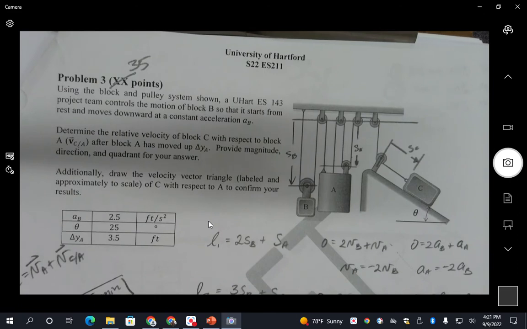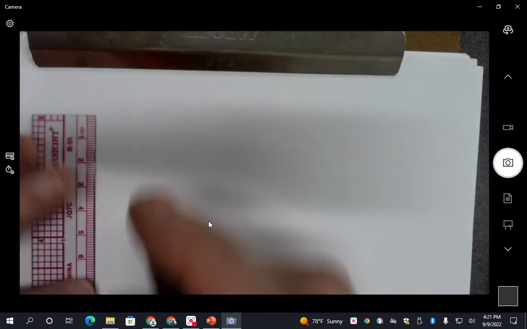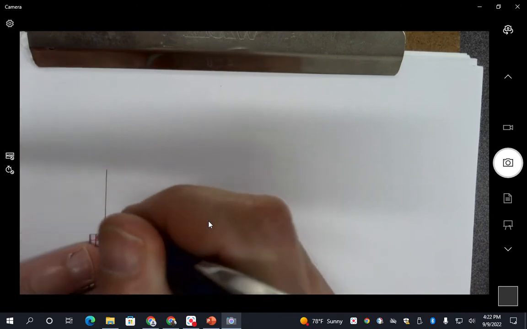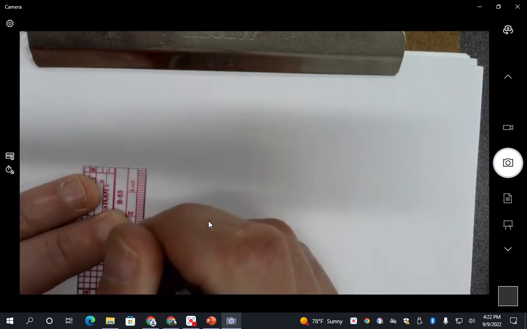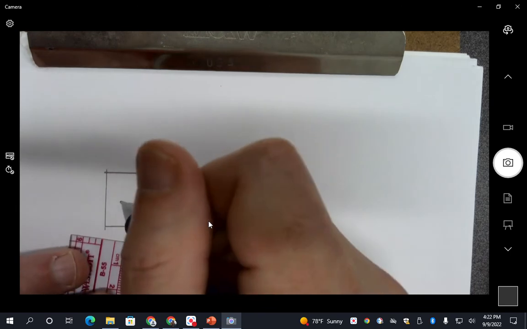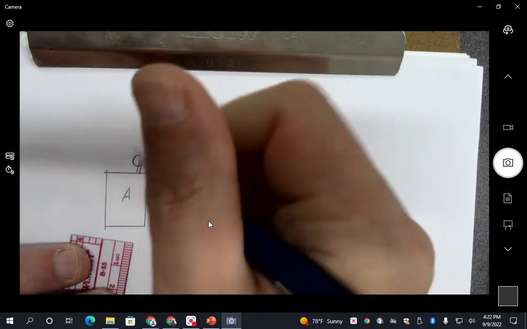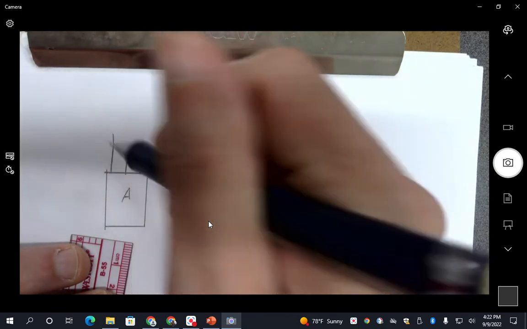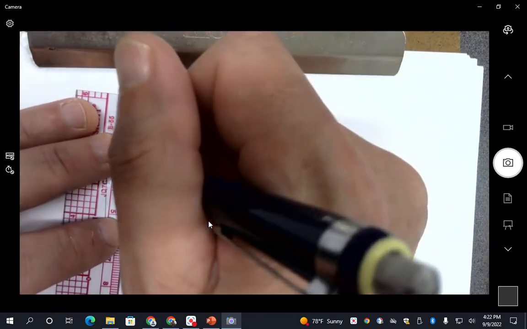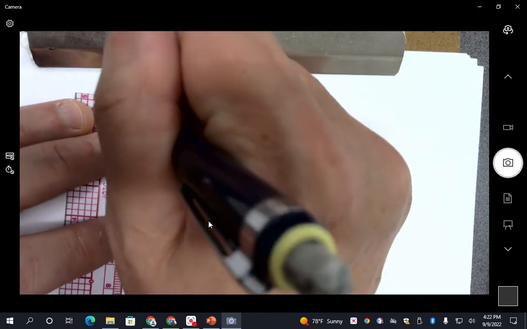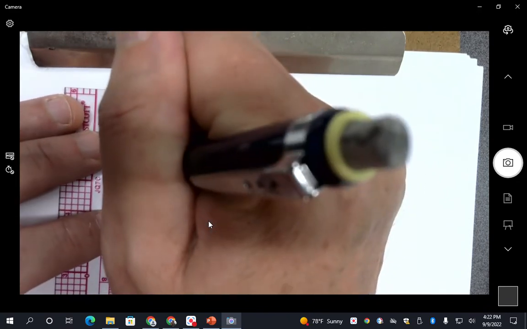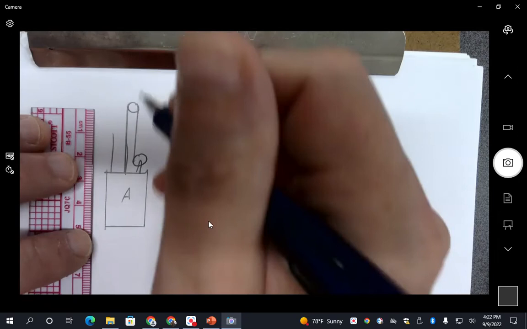Looking at the setup of this thing and redrawing it, here's A, and he's got a pulley right here, and a cord attached. This one goes up to this pulley, and this cord is attached right there.